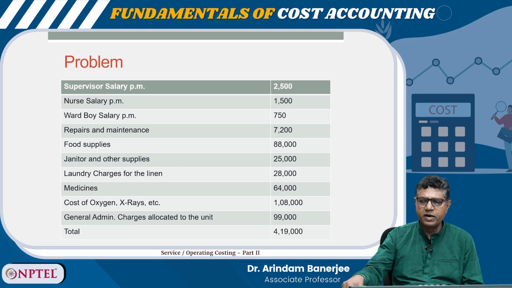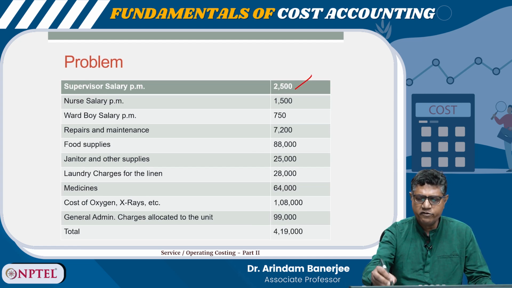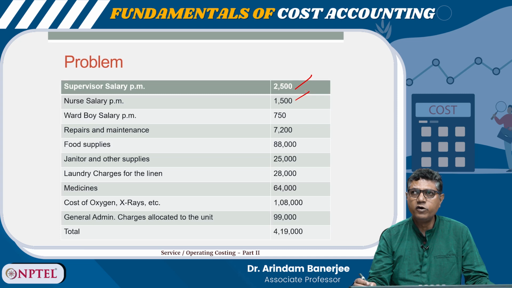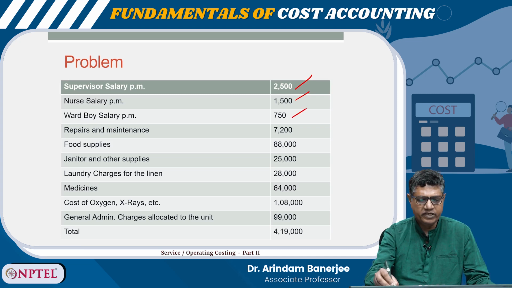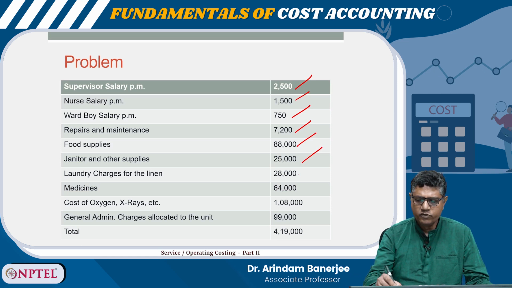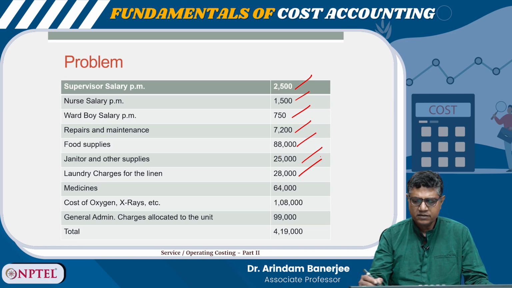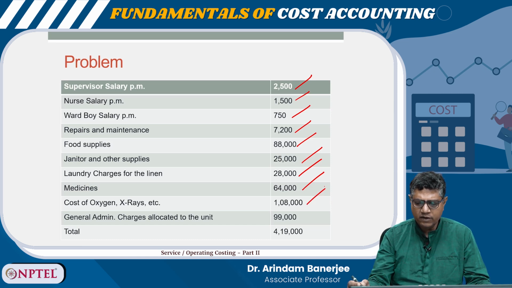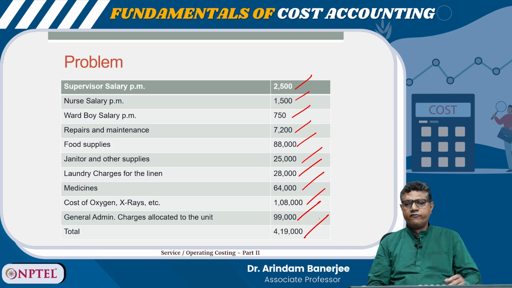Supervisor salary per month 2,500, nurse salary per month 1,500, ward boy salary per month 750, repairs and maintenance 7,200, food supplies 88,000, janitor and other supplies 25,000, laundry charges for the linen 28,000, medicines 64,000, cost of oxygen, X-rays, etc. 1,08,000, general admin charges allocated to the unit 99,000, and total is 4,19,000.